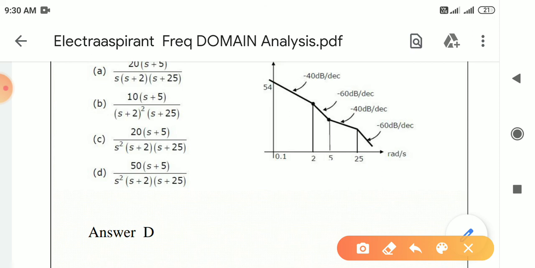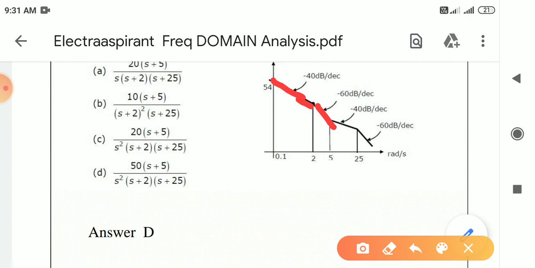Initially the line starts from here, then at 2 rad per second it has a deflection towards the negative direction. So the first corner frequency is 2, and since it is deflected negatively, that is, the slope is increased negatively, we have a term s plus 2 in the denominator. That is, we have a pole at s equal to minus 2.